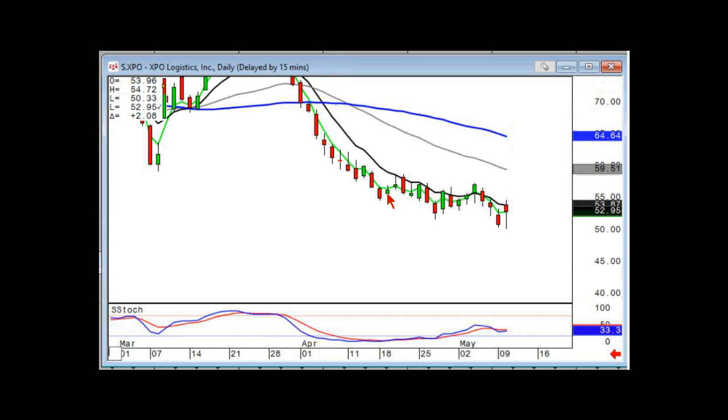XPO, wave 1, wave 2 kind of sideways, but you can see where it started rolling over, except for today. But I'd still be shorting this one on any weakness, because that still gives you the visual expectation of a wave 1, wave 2. If it breaks down, looking for wave 3.